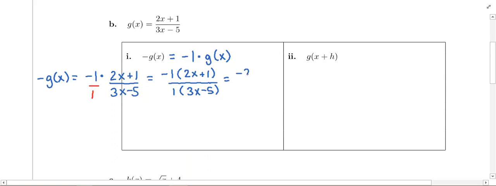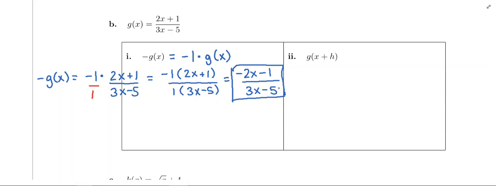So we're going to get negative 2x minus 1 over, in the bottom, anything times 1 is itself, so the denominator will remain 3x minus 5. Okay, so here is the answer. You can see what happened here. We ended up multiplying the numerator by negative 1 and the denominator stayed the same.